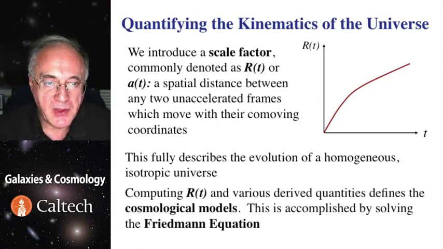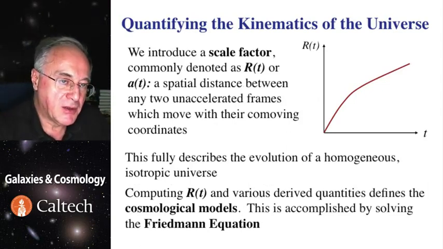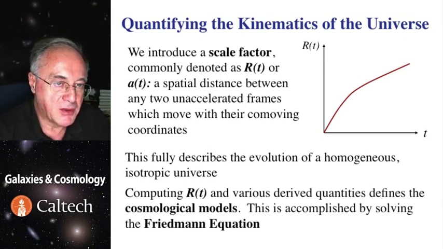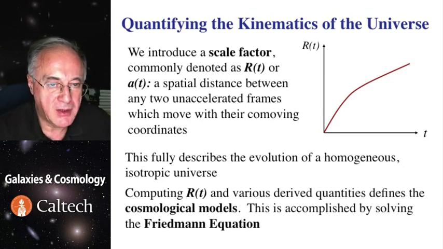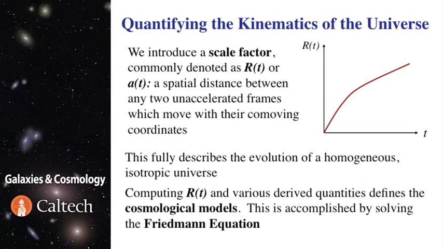How does it expand? The function that describes that is called the scale factor, which we mentioned earlier as a function inside the Robertson-Walker metric, usually called R of t or A of t. If you take any two distant points and measure how their distance changes in time, that's essentially what the scale factor is.